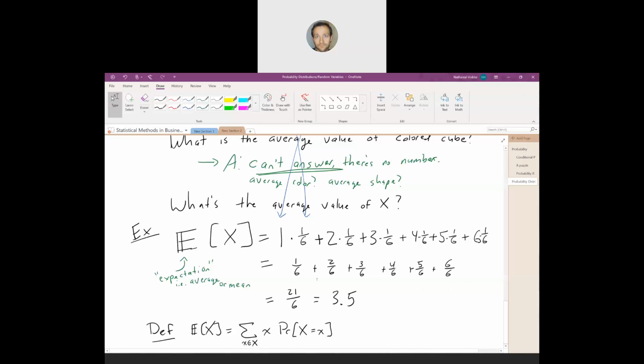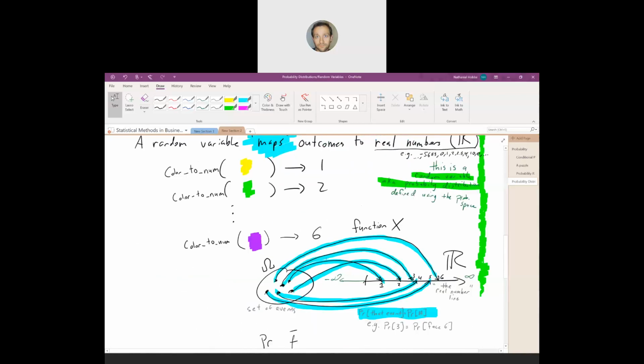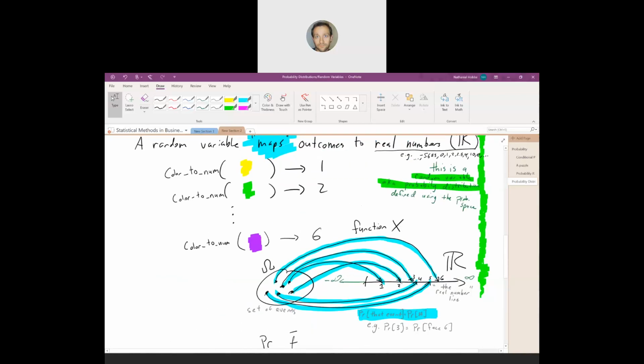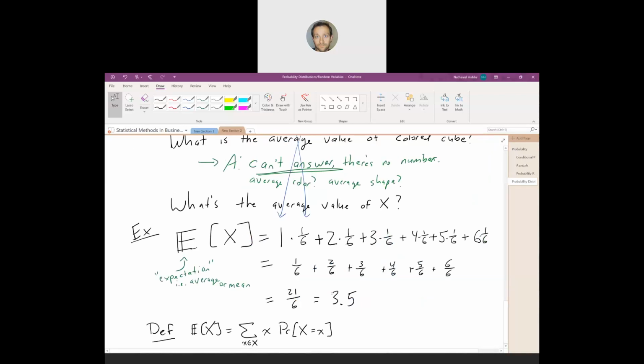So here, the random variable can be the number 1 or 2 or 3, 4, 5, or 6. If you roll this die, one of those 6 numbers will show up on top. 3.5 is not a number that you can see.